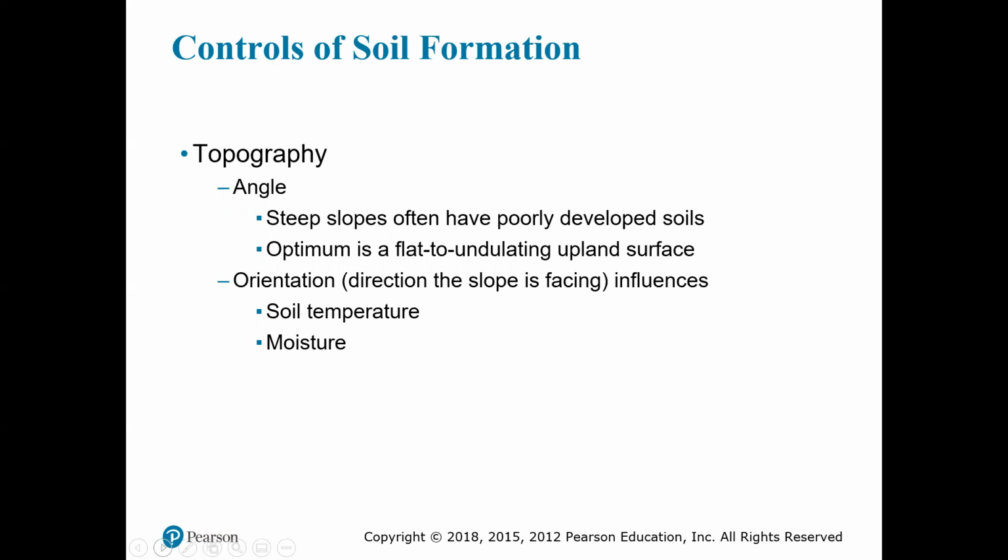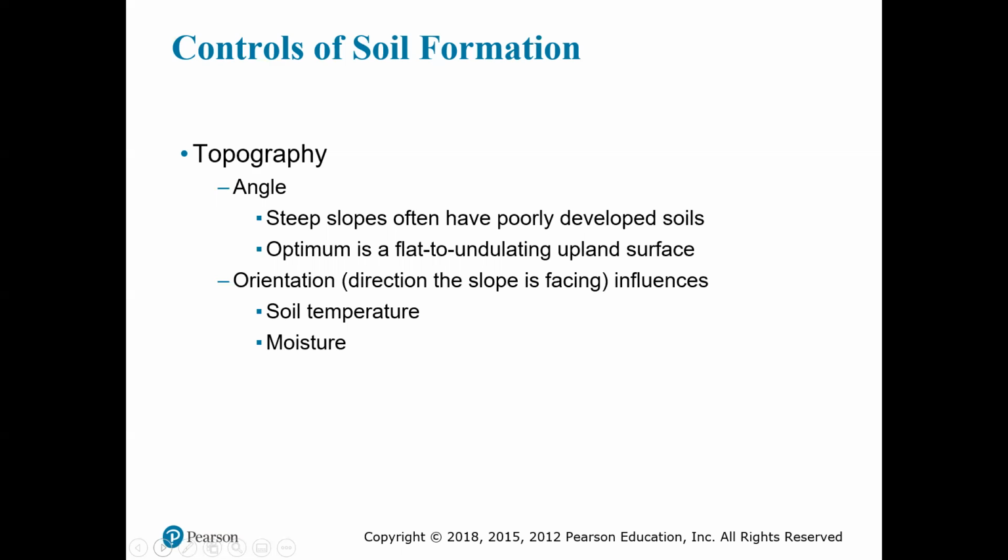And then the last factor that's going to influence soil formation is the topography of the landscape. Variations in topography can lead to differentiation in soil types, even in the same geographical area. The differences that we see tend to be based upon the angle and orientation of the slopes.